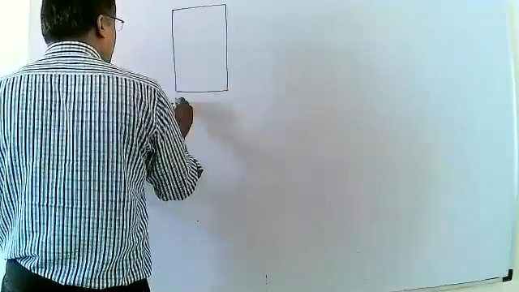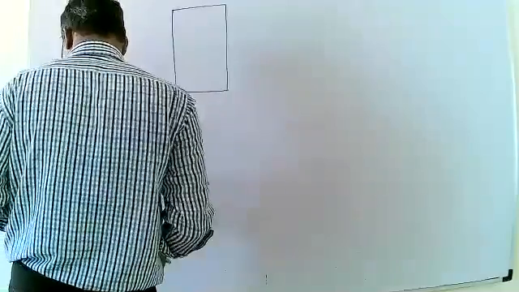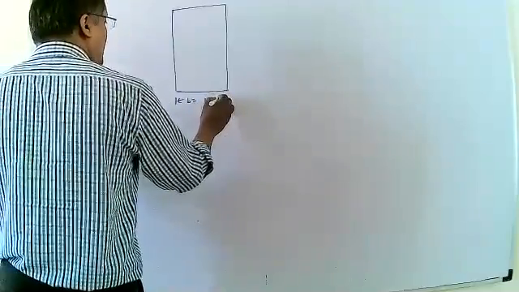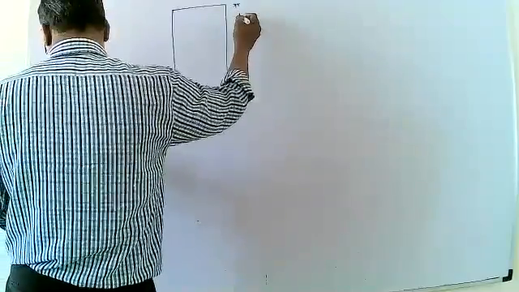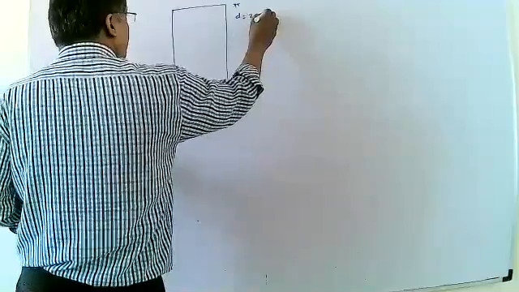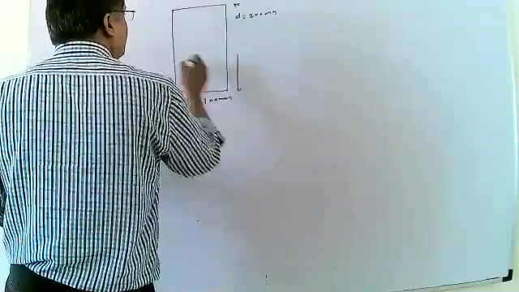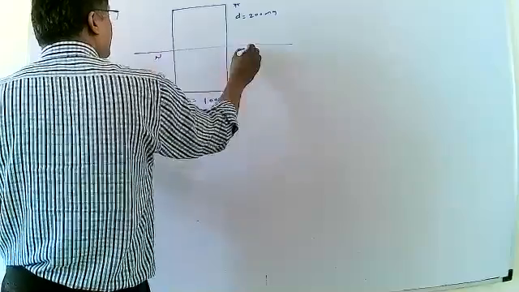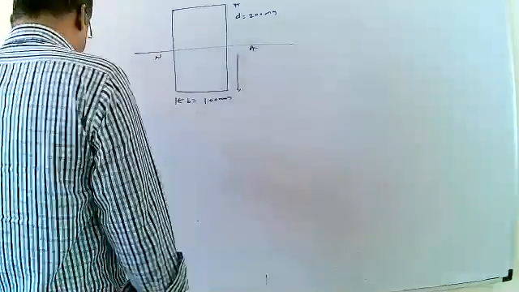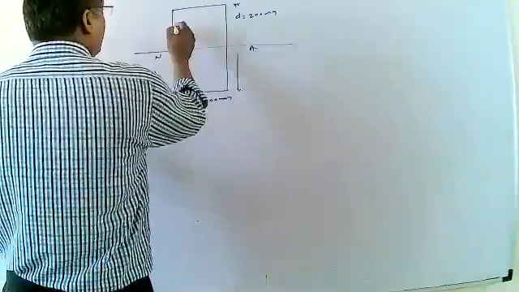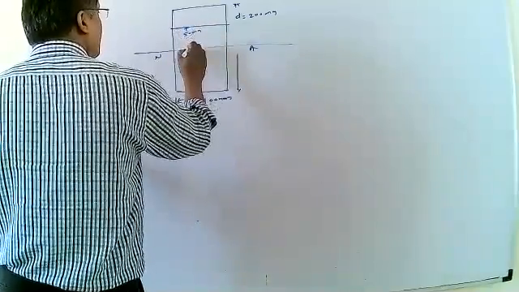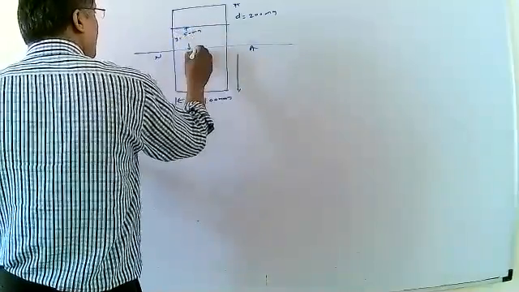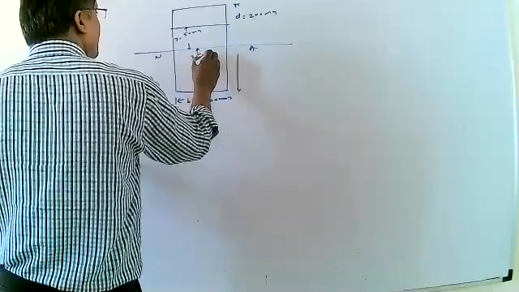This is the width, 100 mm, and this is the depth, 200 mm. This is the neutral axis or neutral layer. That distance is given above, 50 mm, and below, 25 mm.